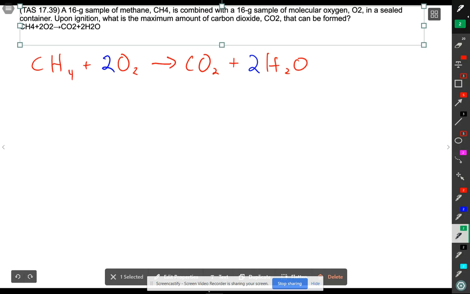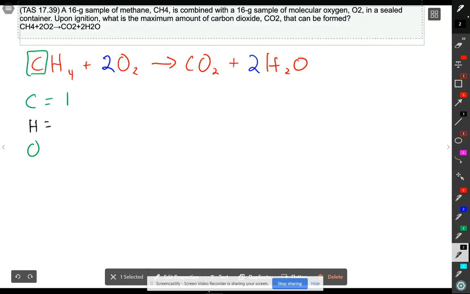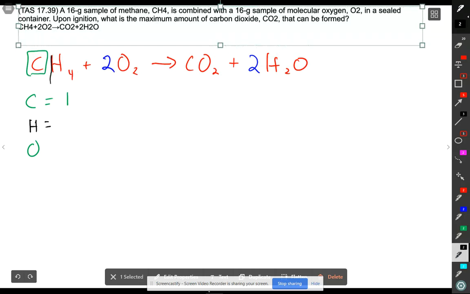How many carbons, how many hydrogens, and how many oxygens do I have on the left side of my equation? One carbon. For the hydrogen, we have 4 of them, because we have an H with the subscript 4.